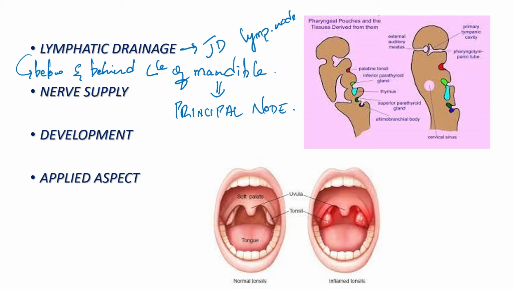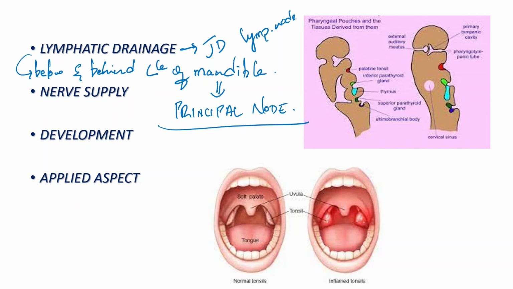This principal lymph node is closely related to the posterior belly of digastric and the internal jugular vein over here. So this is about the lymphatic drainage.